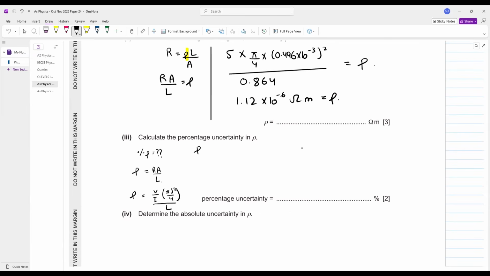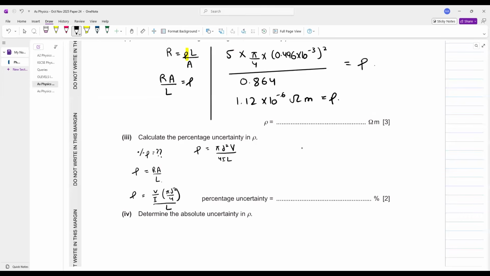What does the formula of resistivity become? हाँ जी, रेजिस्टिविटी का फॉर्मूला क्या हो गया? Pi d square V divided by 4IL.